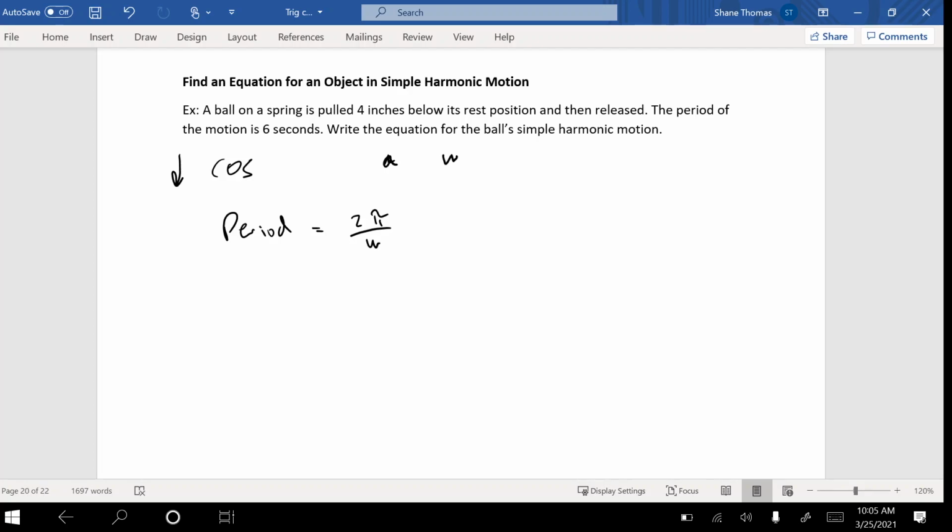Now, does it tell us how long a period lasts? It does, 6 seconds. So we know that this must be equal to 6, correct? Our period by definition is 2 pi over W, so 2 pi over W equals 6. So let's solve this a little bit. I'm going to have 2 pi equals 6W, multiply both sides by W, and then we'll divide by 6. So W is going to be pi over 3.